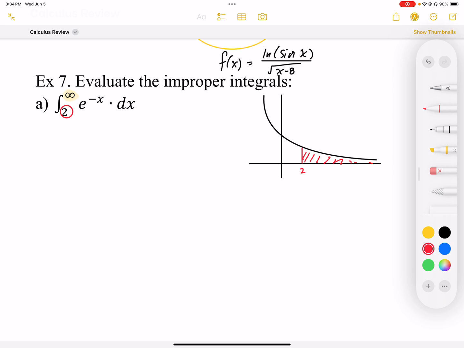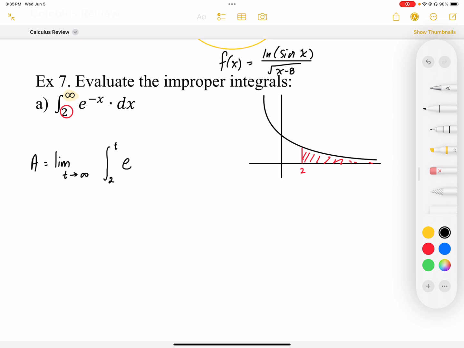So recognizing that it is an improper integral because there's an infinity in there, I'm going to apply my limit notation. So my area is going to be equal to a limit. I'm going to use a variable t, as t goes to infinity, and I'm just going to replace that infinity with a t.